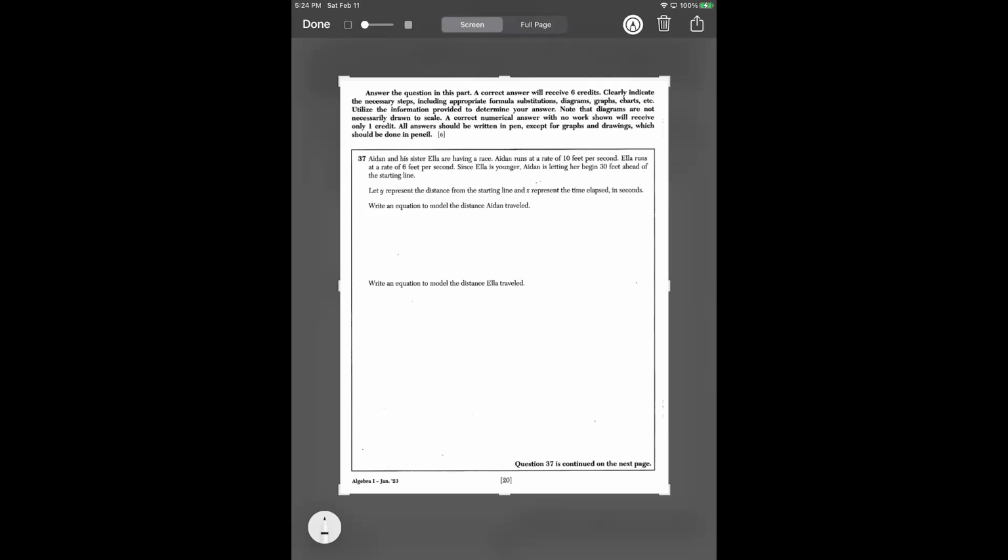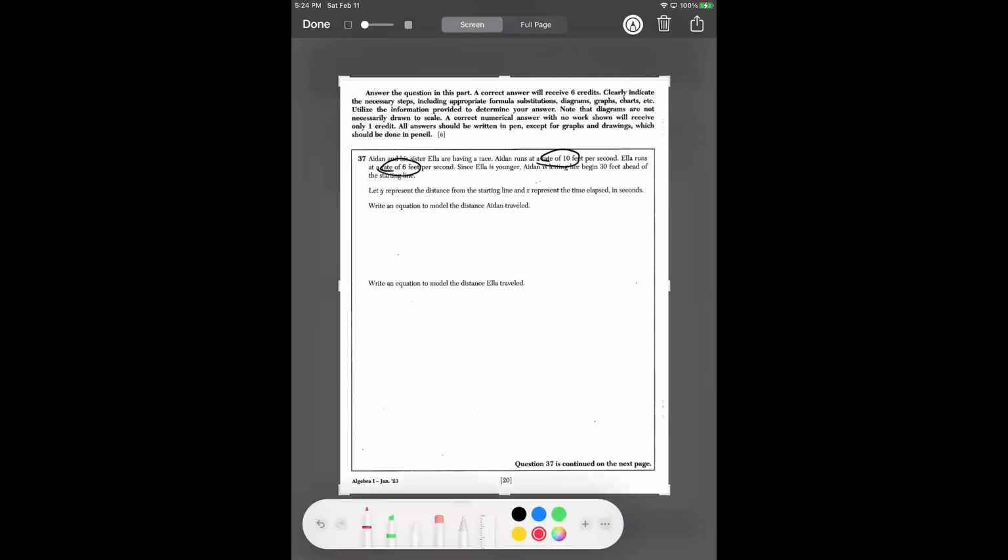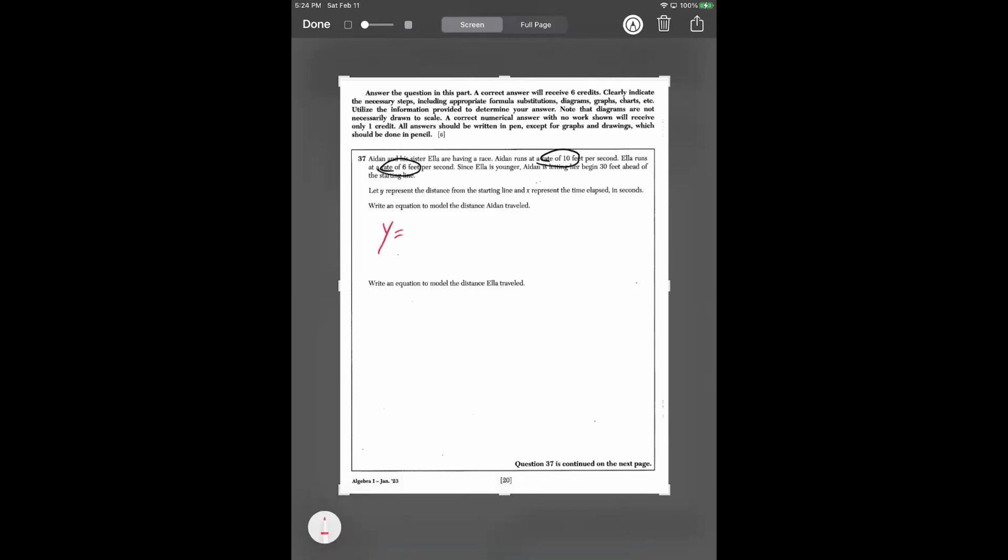One of the things that students should understand is whenever they see the word rate, and they give us a number per second or per something, that's the slope. So for this one, I'm going to make this red so it can stand out. This is Aiden.